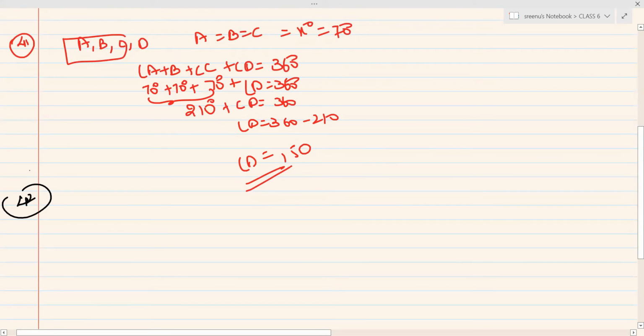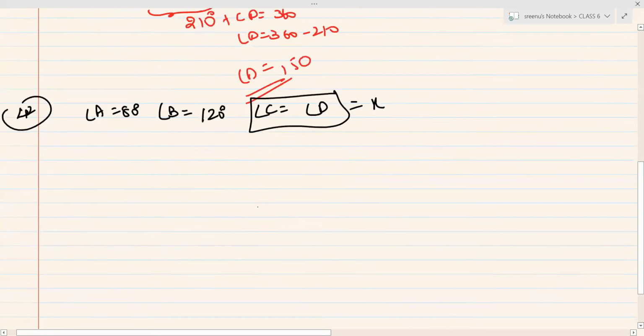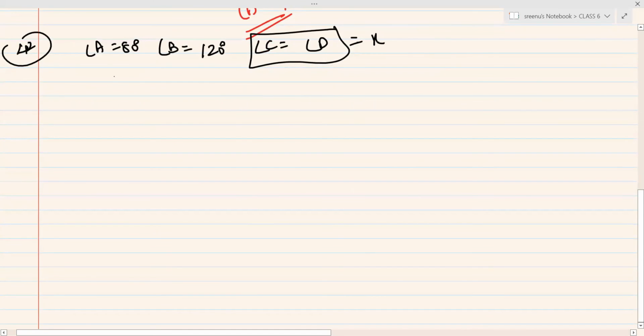42 is like this. In a quadrilateral, two angles are 80 and 120, and the rest two angles are equal. So angle A is given as 80 degrees, angle B is 120 degrees. Angle C and angle D are equal; consider them as x. All four angles sum to 360 degrees.